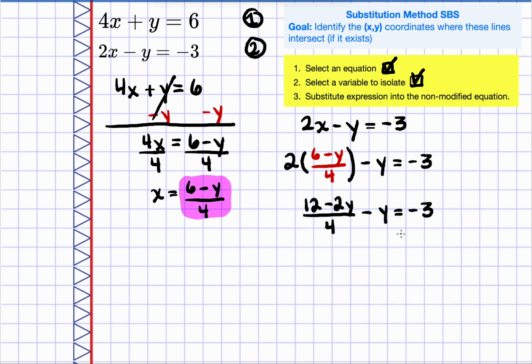But before we do that, let's find some equivalent fractions that allow us to do this. So we're going to keep this first algebraic fraction the same, and we're going to turn the remaining terms into fractions that have a denominator of 4. So currently, we could treat this as y over 1. And if we made that 4 times larger, we would have a denominator of 4 and a numerator of 4y.